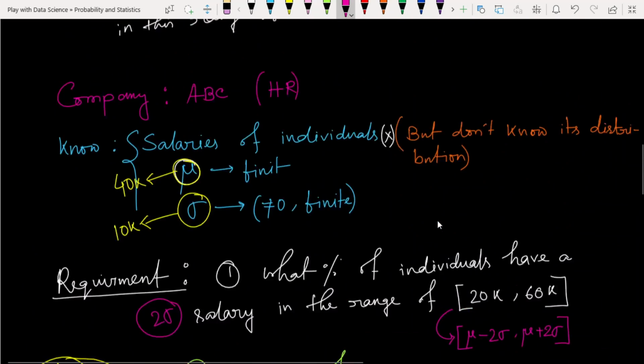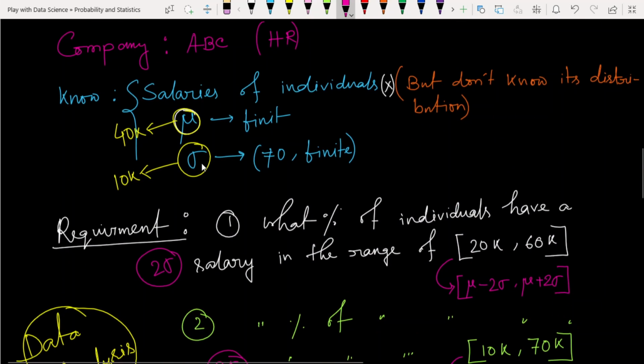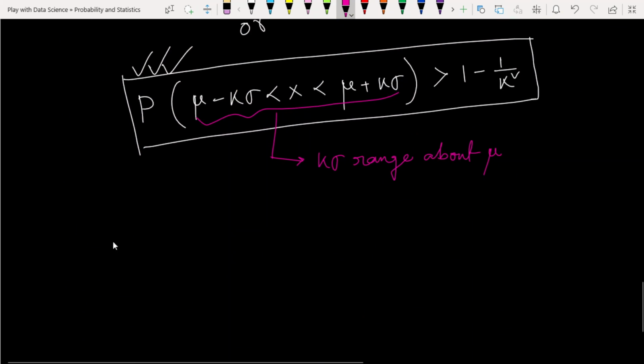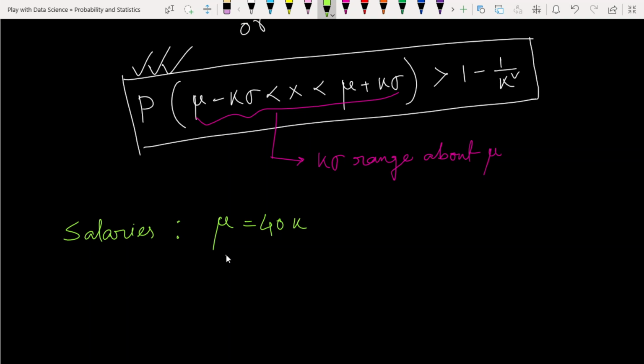Suppose this is a requirement I have taken for the company, as I am joining the HR of this company, and the company wants to know this kind of requirement from me. To get this answer, we apply this formula. For the salaries in this company, our mean is 40k and our standard deviation is 10k.